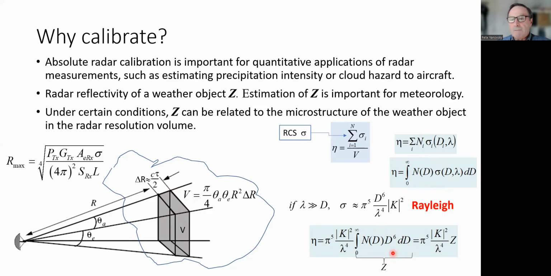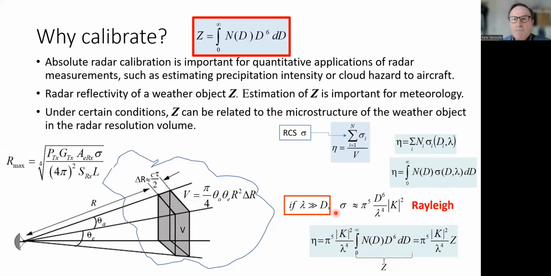This formula is valid in the case of Rayleigh approximation, which is correct only when the wavelength is much more than the drop size, than the scatterer size.